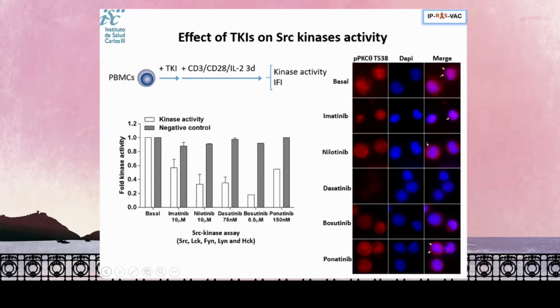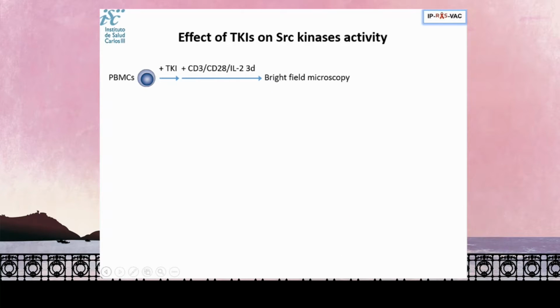We also observed this interference with efficacy theta activation in these cells, and we observed that again dasatinib and, at this point, bosutinib were the most potent ones to interfere with this kinase activity.